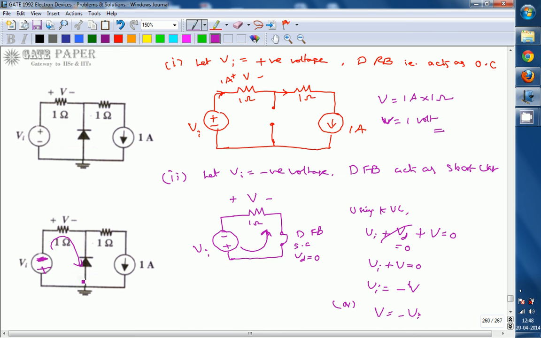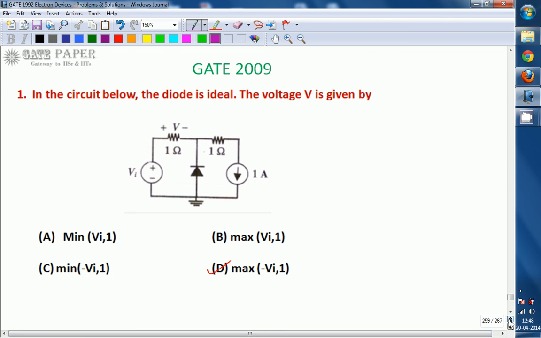So we can write V is equal to maximum of minus Vi, 1, where 1 volt is constant. So the voltage changes between minus Vi and 1.